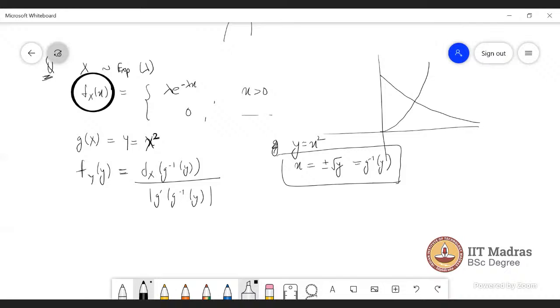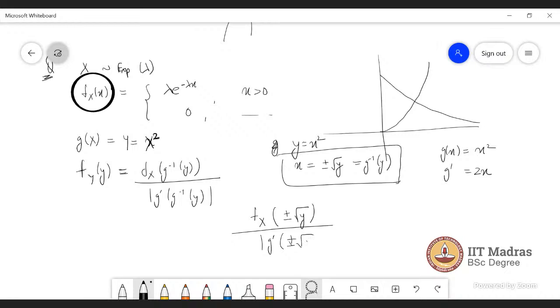Now you will have to find the derivative. g(x) is x square, so what is g dash? It is 2x. Now just substitute it here. It will be f_X of g inverse y, that is plus minus root y, divided by g dash of plus minus root y.